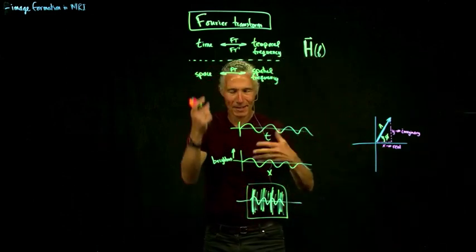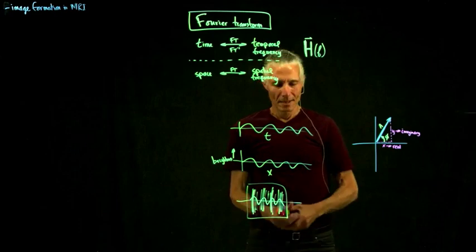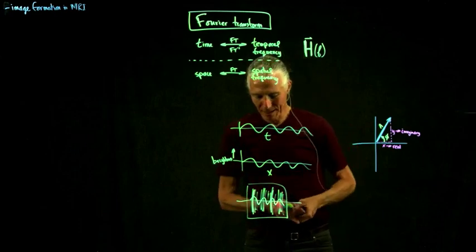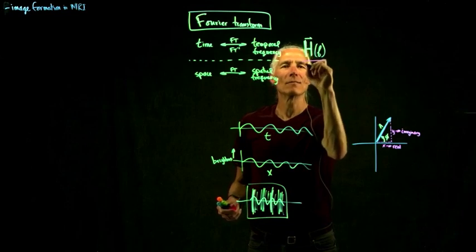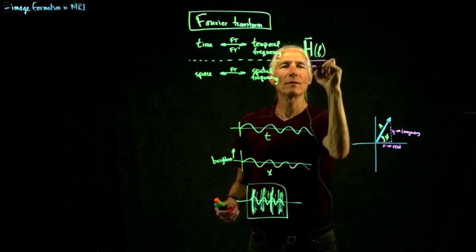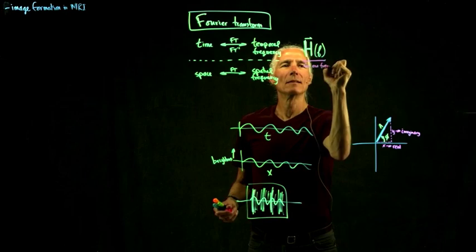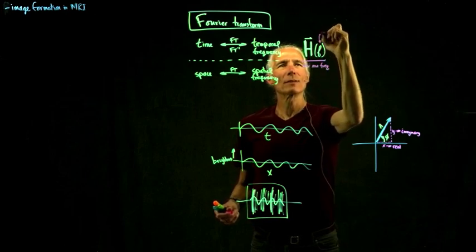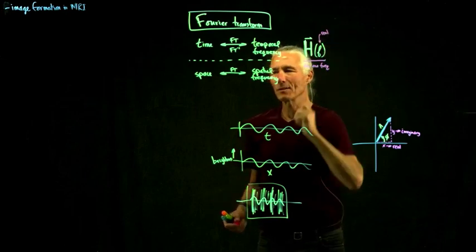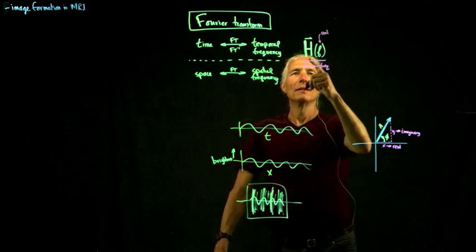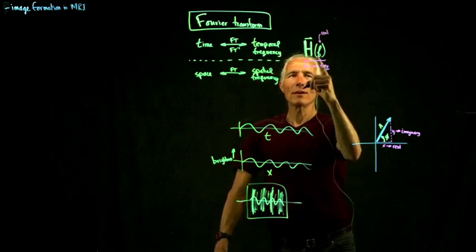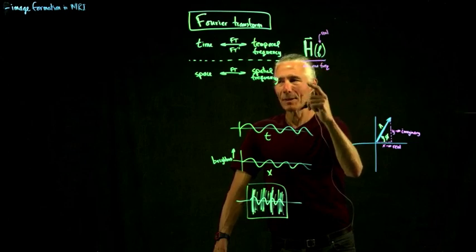That's the way it's actually computed on a computer. Okay, so this thing is a complex number. So this is for one frequency, and this frequency here is real. So that's just a single number, like frequency 13. But the Fourier transform at a particular frequency is a complex number.